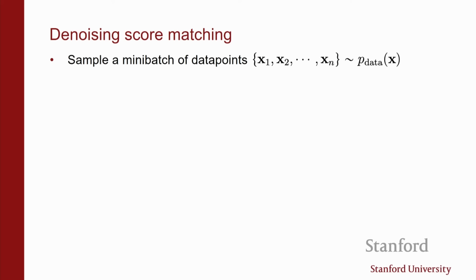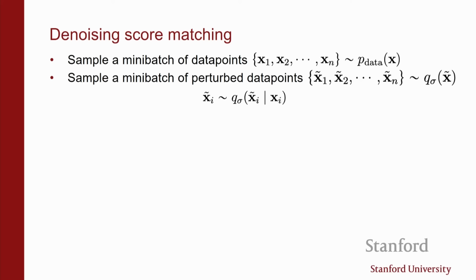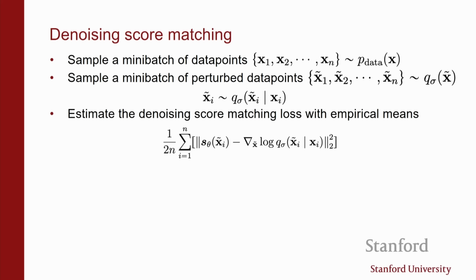And so practically, the algorithm is something like this. You have a mini batch of data points sampled from the data. You perturb these data points by adding Gaussian noise, so literally just add noise to each xi with the variance sigma squared. And then you just estimate the denoising score matching loss, which is based on the mini batch, just the loss on these data points, and it's just this expression.